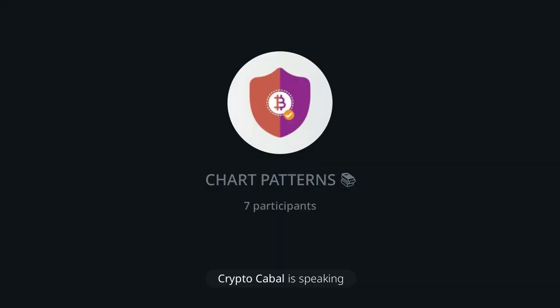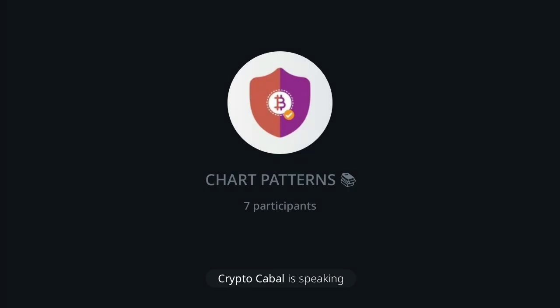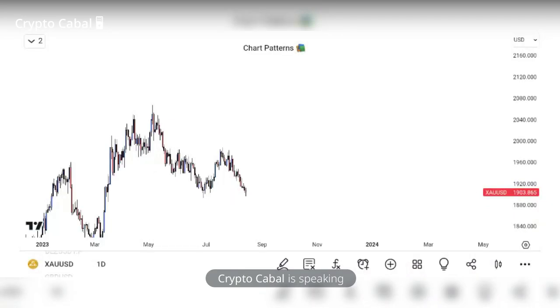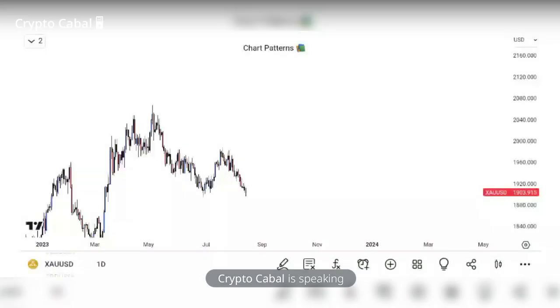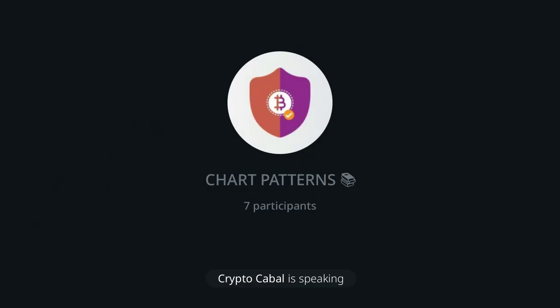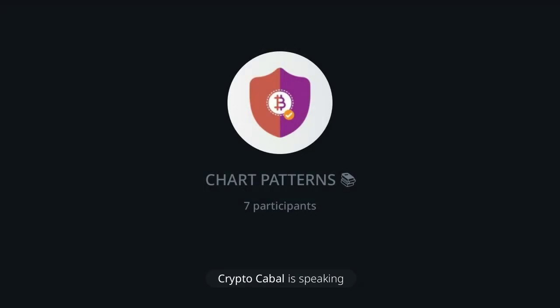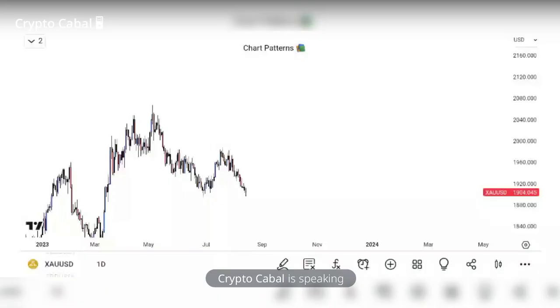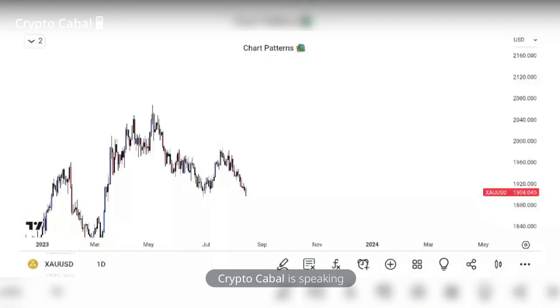On the channel, you can see someone said they went long, or bought a particular token or coin yesterday. Probably there was a pattern that person saw before entering that position and made some profits. Chart patterns are usually formed by connections of candlesticks, price highs, lows, or trend lines.